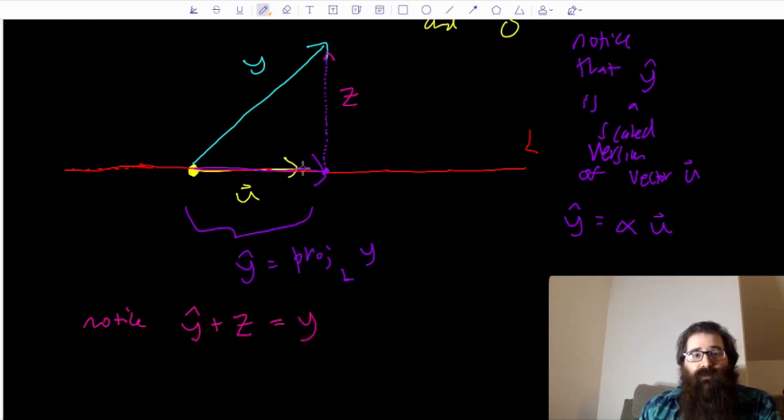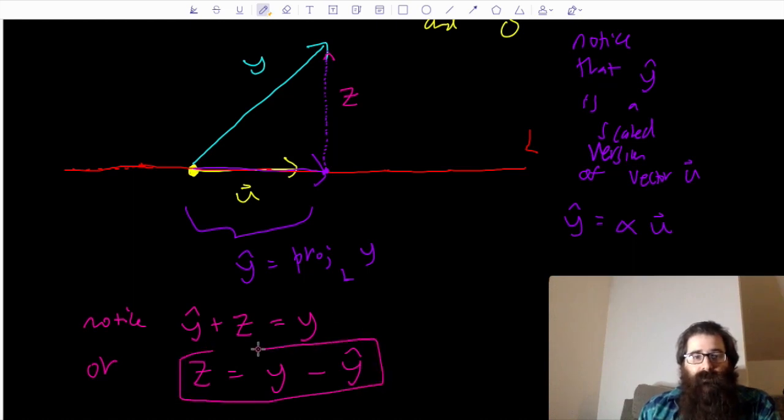So if I add my projection vector y hat and z together, it gives me this vector y. Or, if I resolve this, z is equal to y minus y hat, just subtracting that over.